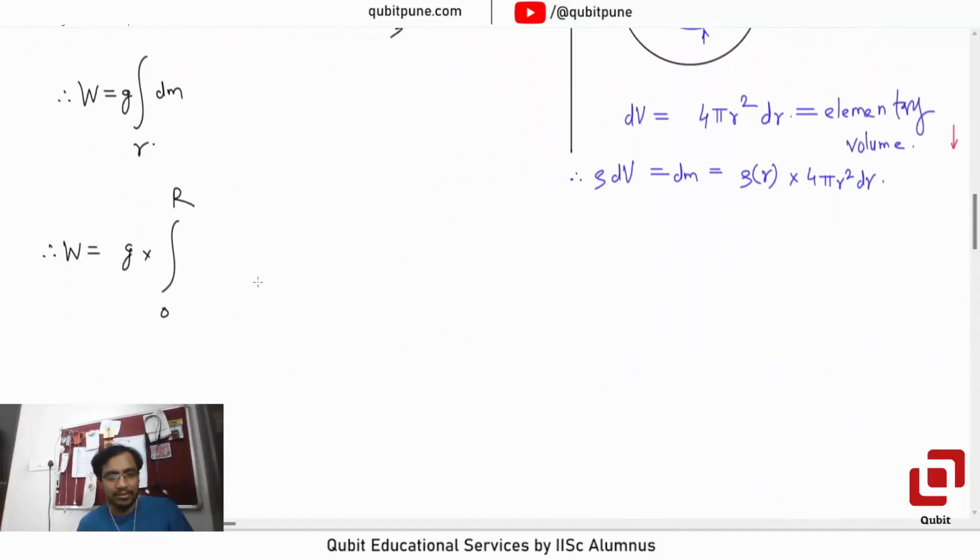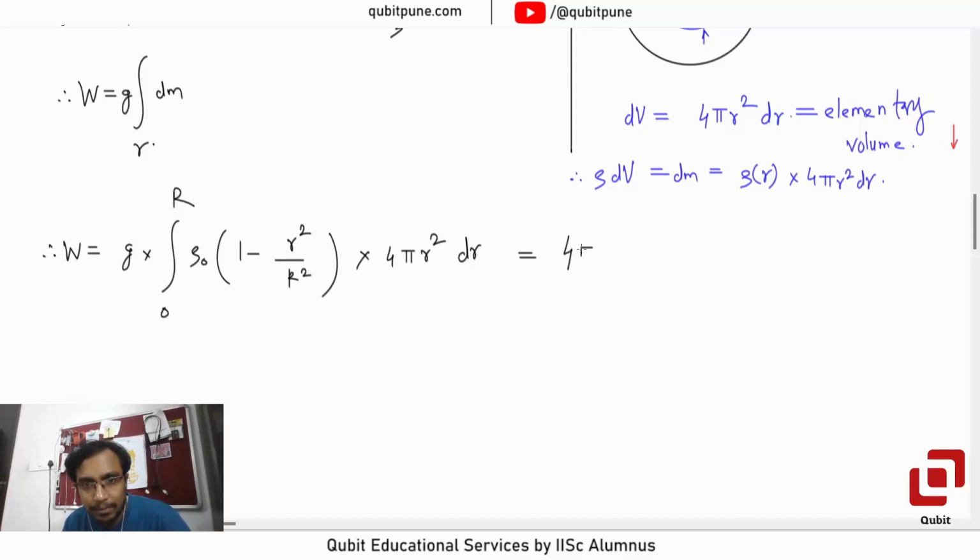Rho naught into 1 minus r squared by capital R squared, into 4 pi r squared dr. Let's take the constants outside: 4 pi rho naught g into the integral from 0 to capital R of r squared minus r raised to 4 upon capital R squared dr.